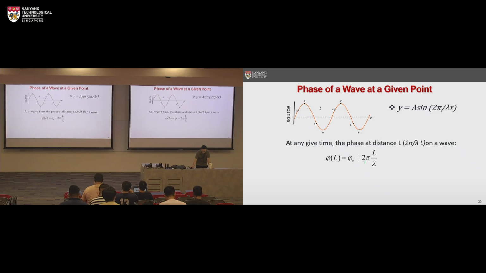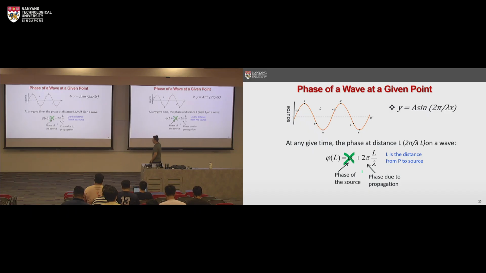Now we are moving to the most important topic of today. How can you actually write the definition of a phase? Let's assume the origin is 0, so this term is gone. The basic property of a phase can be written as 2 pi times L over lambda. How do you visualize this? Phase is defined such that one cycle is 2 pi.